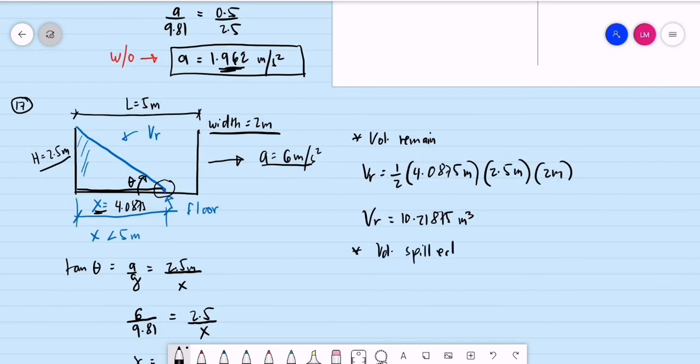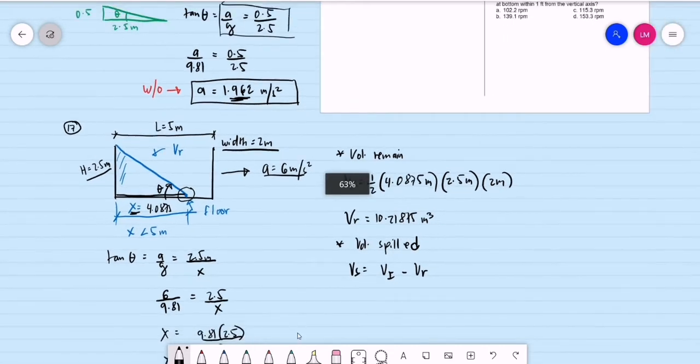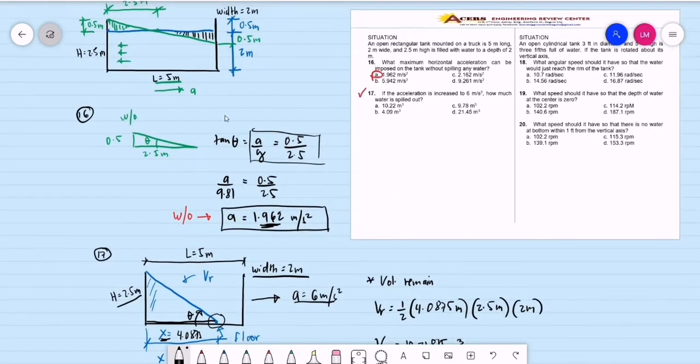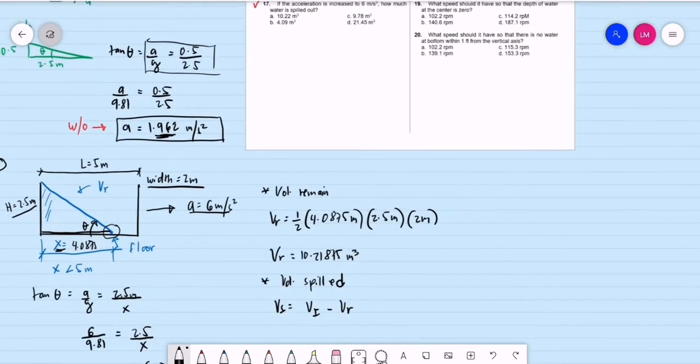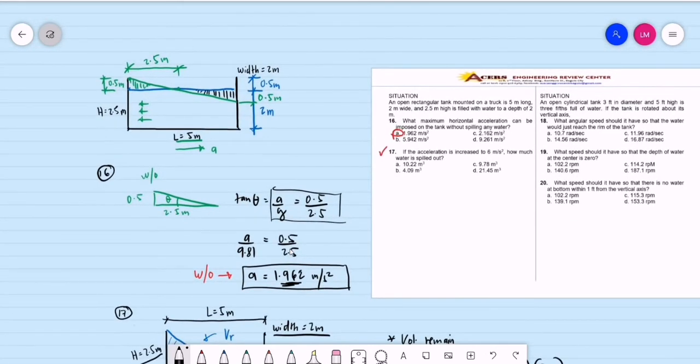How do we compute the volume spilled? That is the required answer for problem 17. The volume spilled is equal to the initial volume minus the volume remain. If we recall our initial figure, the initial height of water is 2 meters.